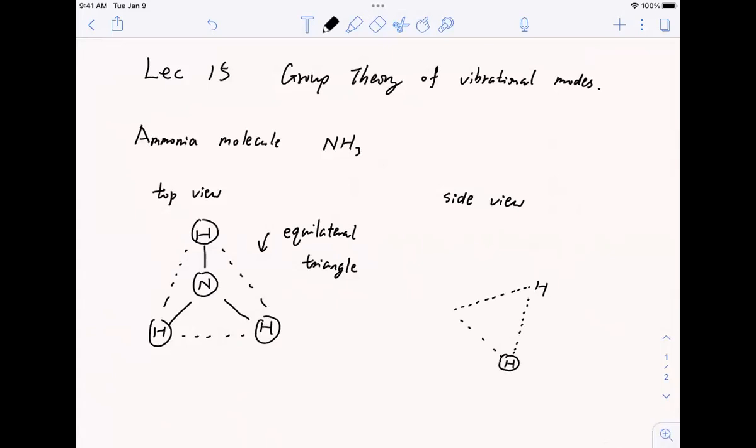So you have an H atom here, another H atom, and then the nitrogen is here. So it is connected like this, like a pyramid. I mean, the base is not a square. This is a pyramid with an equilateral triangle base.